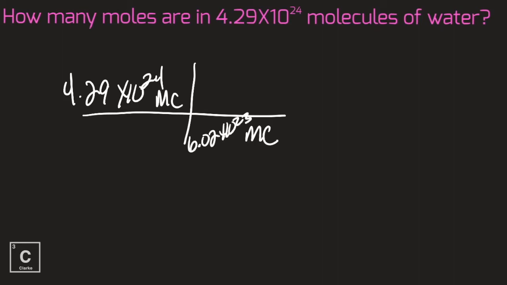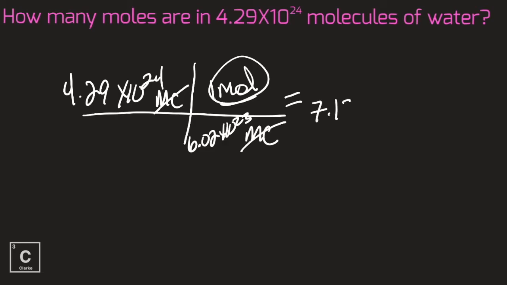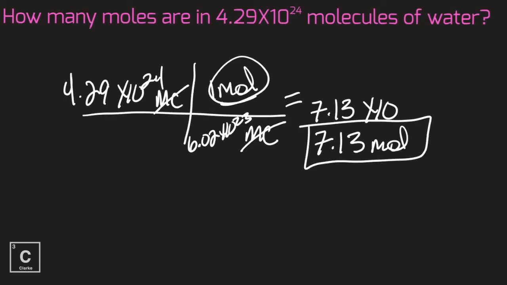Avogadro's number of particles is equal to 1 mole. That's our conversion factor. Molecules cancel. We're left with moles on top. We're done. We just need to put that in the calculator. We need 3 sig figs, so I'm getting 7.13 moles. I got a little bit ahead of myself.